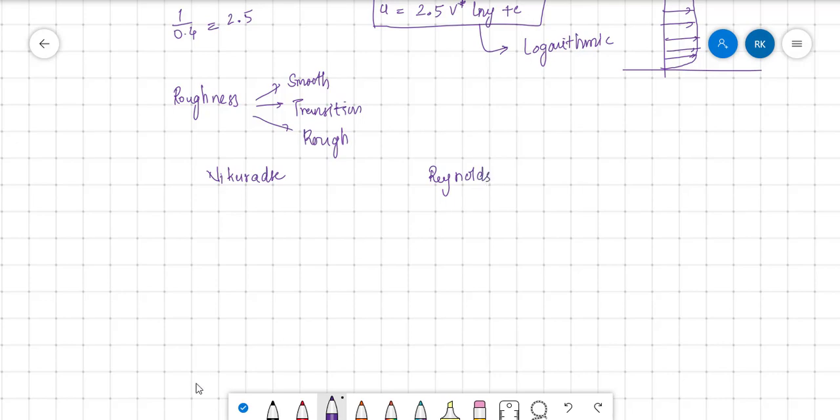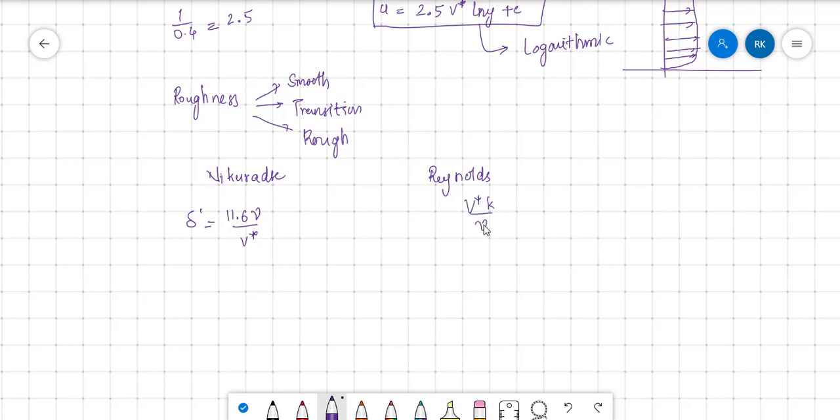So this Nikuradse gave delta dash is equal to 11.6 nu by V star. And Reynolds gave V star into K by nu.